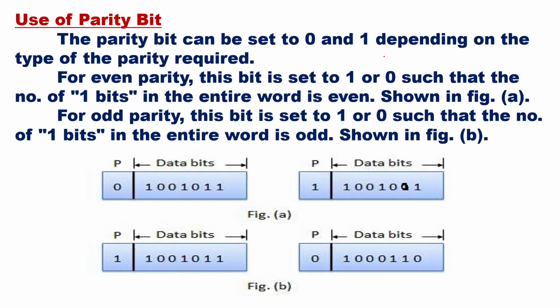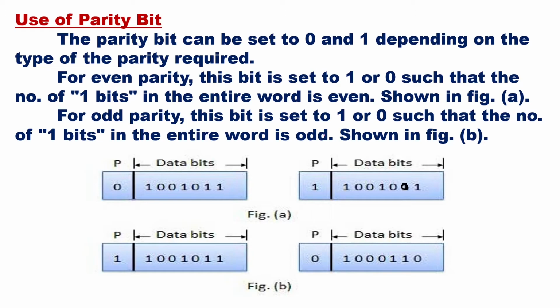For even parity, this bit is set to 1 or 0, such that the number of logic ones in the entire code word, say for example the complete 8 bits including the parity bit, is even, as shown in figure A below. Similarly, for odd parity, this bit is set to 1 or 0, such that the number of 1 bits in the entire word is odd, as shown in figure B.